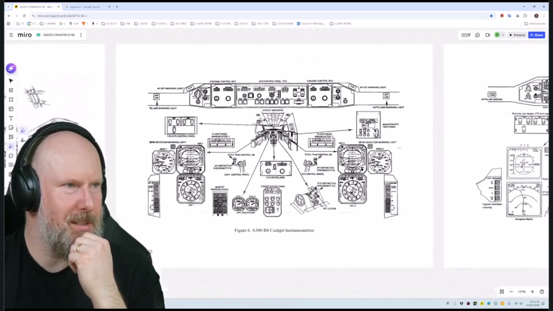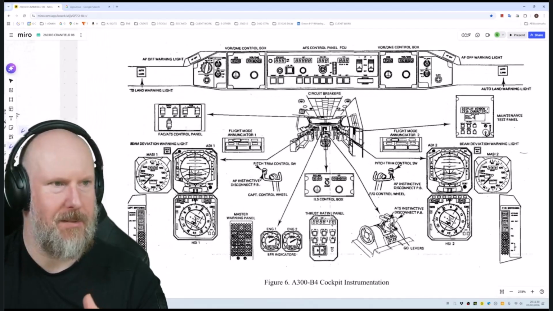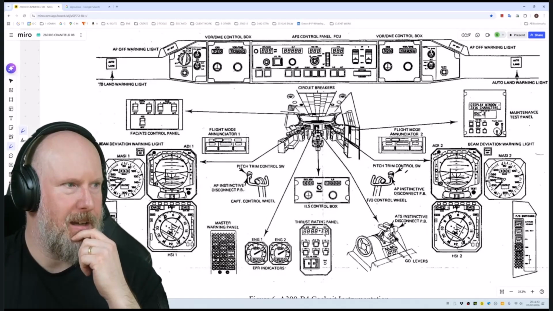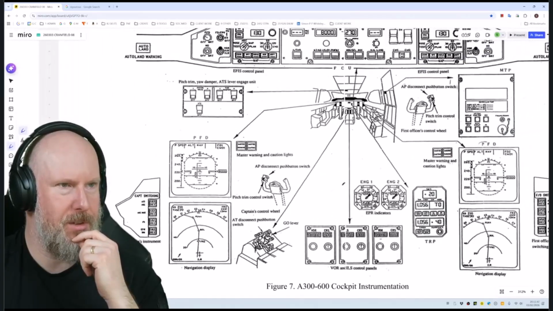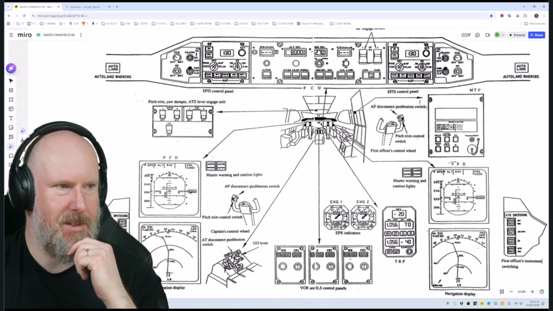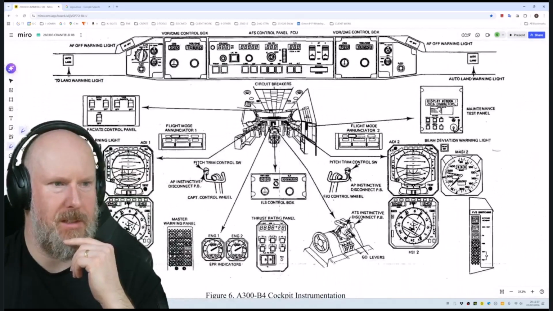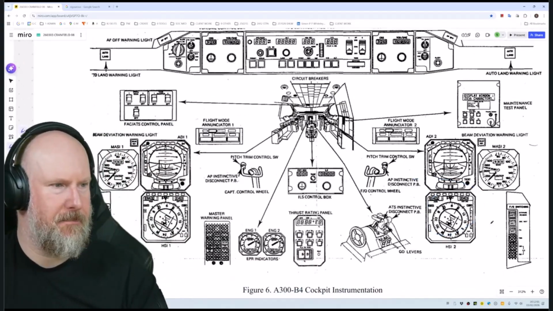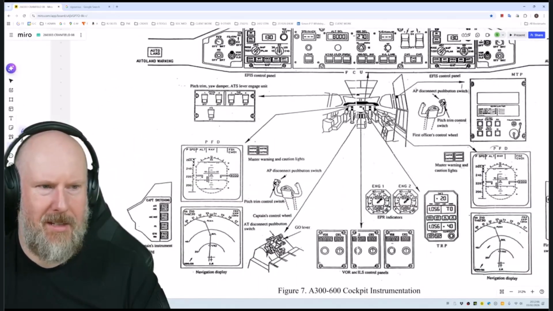Well, just quickly, let's zoom in. So this is the A300B4 cockpit instrumentation, as you can see there. And then we'll move on to the A300-600. So you've now got navigation displays which are more advanced than the previous version. You have the horizontal situation indicator, and then of course you've got the more advanced navigation display.